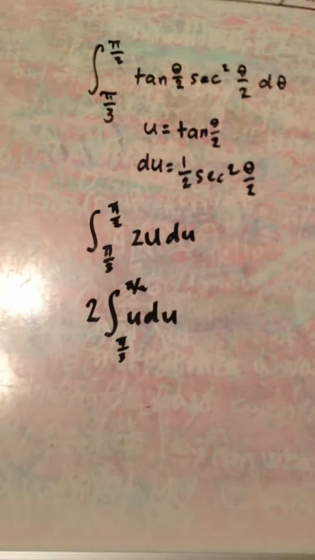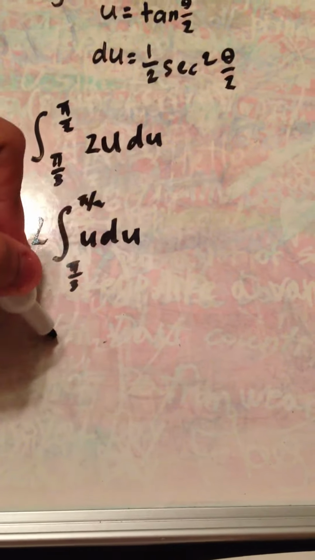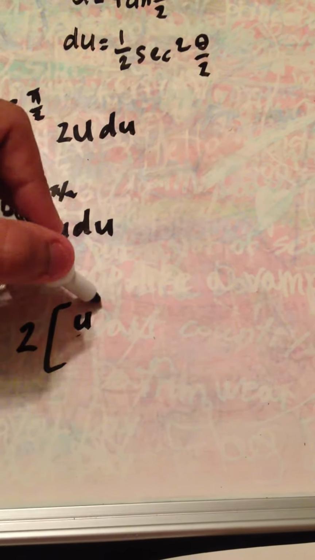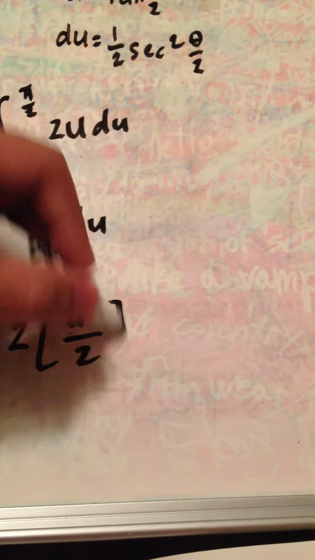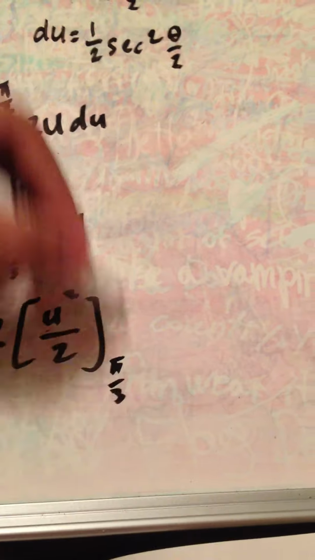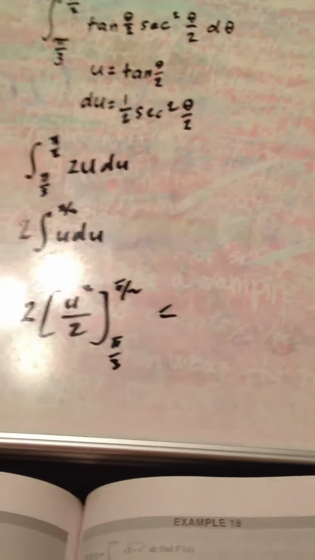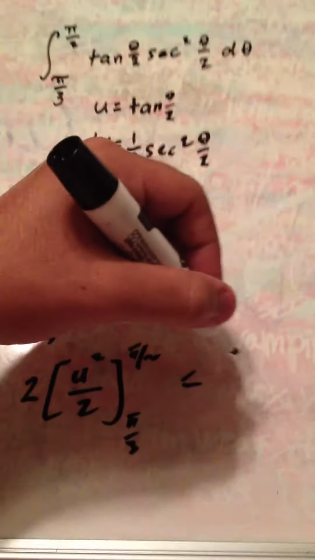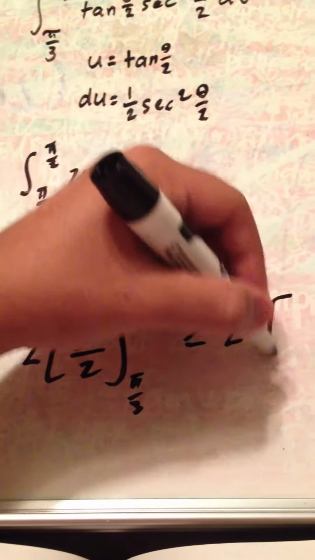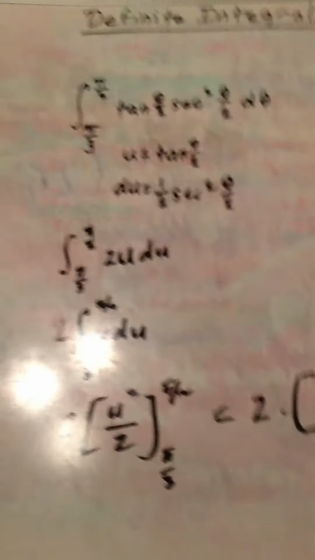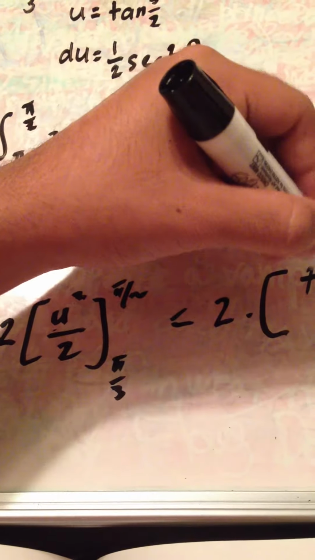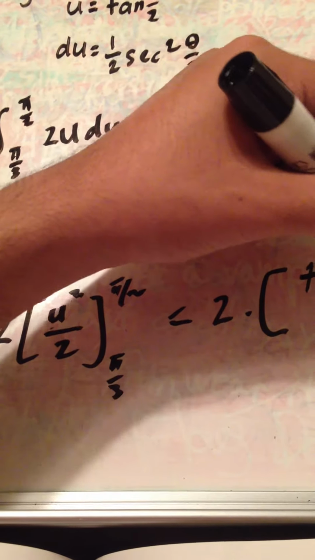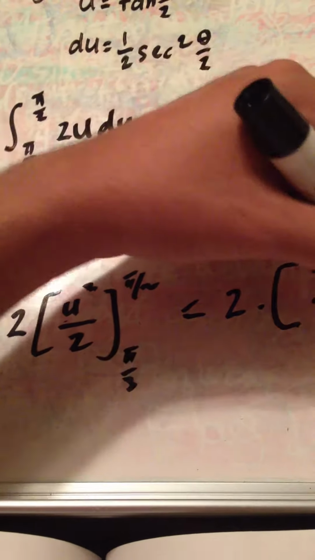Okay, so now once you have that, all it is nothing but 2 times u squared over 2 from pi over 3 to pi over 2. And now once you plug in whatever the actual u value is, you get that it is 2 times, what's u? U is the tangent of theta over 2. So it's tangent squared of theta over 2 over 2.